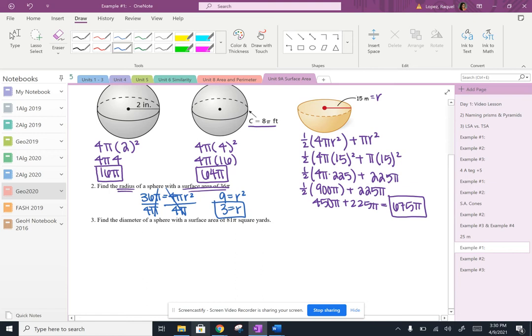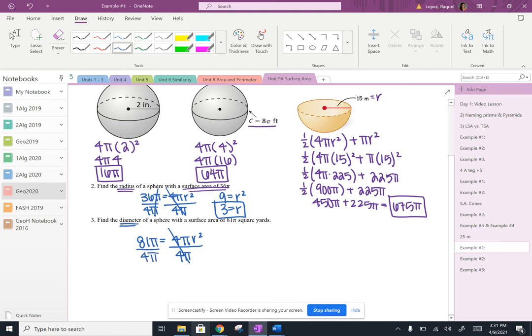Now for the last one, we want to find the diameter of a sphere with a surface area of 81 pi. So similar to the previous problem, we're going to set 81 pi equal to 4 pi r squared. And the first thing we're going to do is find our radius. So we're going to start off by dividing both sides by 4 pi.